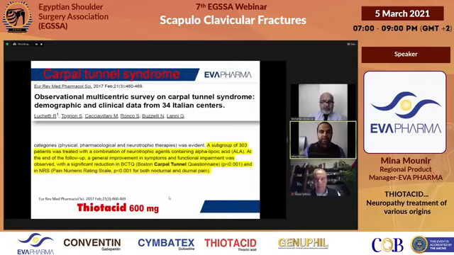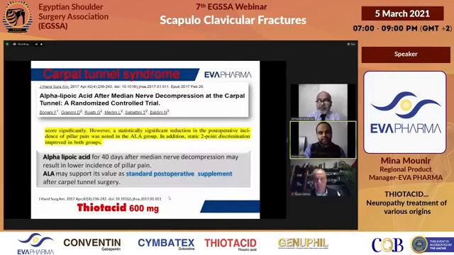As you see, there is improvement in the pain without giving a painkiller, because we are treating the underlying cause and improving the oxidative stress and the inflammation in the nerve.